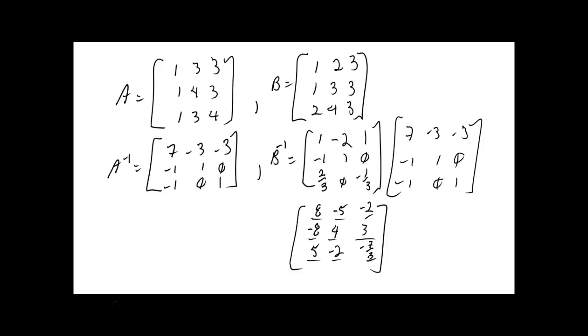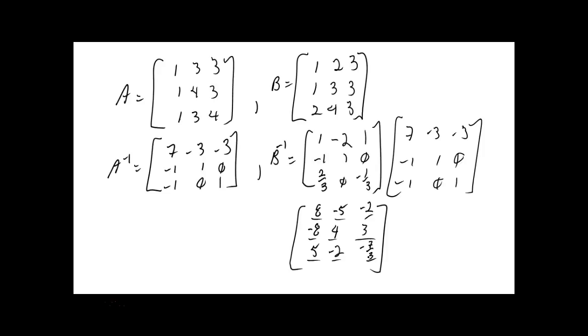And sure enough, look at what they got in the book. It looks identically the same thing. Does that mean that it's easier to multiply the inverses of the two? It is when they give them to you. But if we'd had to start from here, we'd have had to find this inverse, find that inverse, and then multiply them in that order.